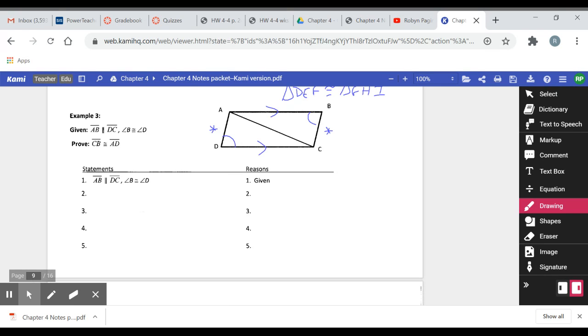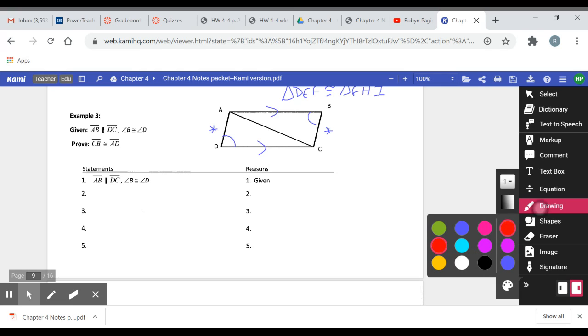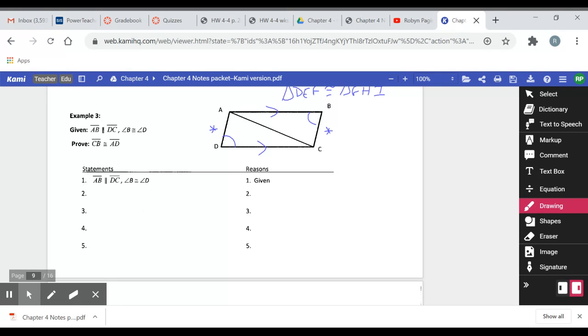Okay, so if I look at my picture right now and think, what do I know besides what is marked? One of the things I know is they gave me the fact that AB and CD are parallel for a reason. And I have to think about what I know from that. If these two lines are parallel, then these two angles are alternate interior angles, in between the parallel lines and the transversal, that must also be congruent.